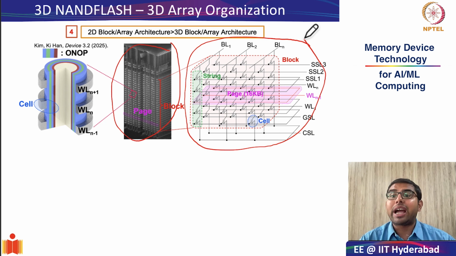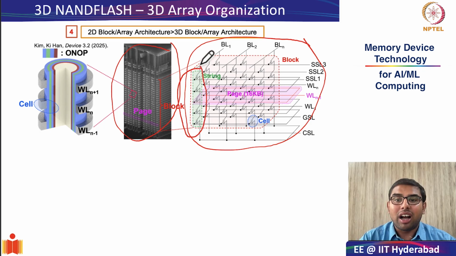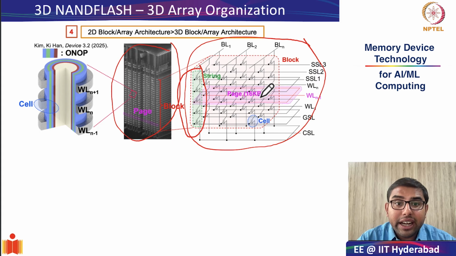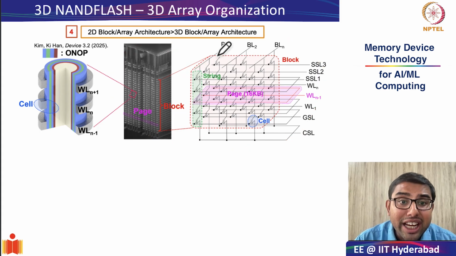So let us look at this schematic a bit carefully. As you can see, marked in green is your string, which is organized in a vertical direction. Okay, this has a common bit line. The string has a common bit line, whereas the page now is arranged in a 2D plane, or this 2D slice, as indicated by this pink shading. Now you may feel initially that this particular cell and the neighboring cell have the same bit line and the same page.